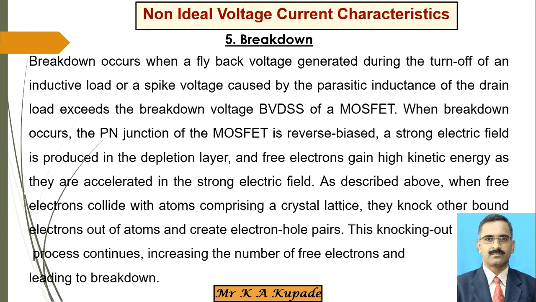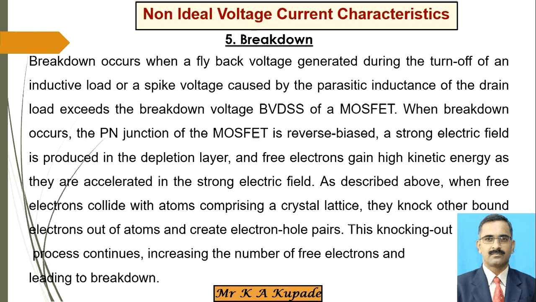When breakdown occurs, the PN junction of the MOSFET is reverse biased, and a strong electric field is produced in the depletion layer. Free electrons gain high kinetic energy as they are accelerated in the strong electric field.